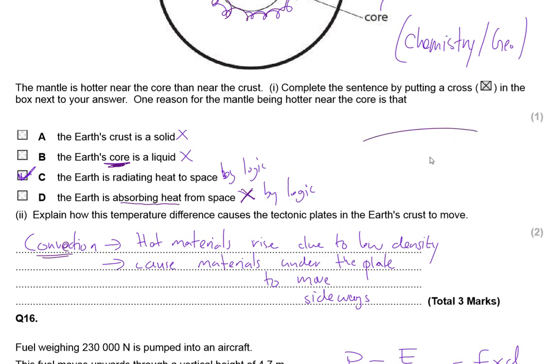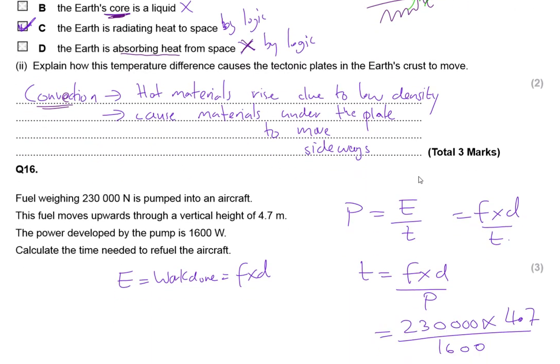We've got the earth, and let's say the stuff here. When the hot materials start to rise up, on the way up you have to push against the plate sideways, because the hot materials are rising because of the lower density, and so on and so forth.